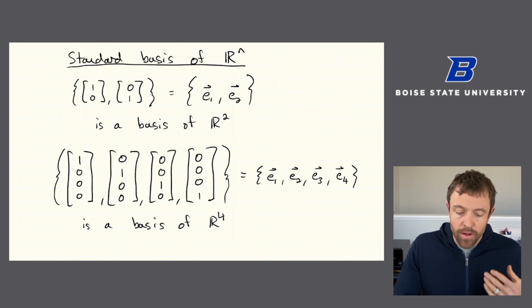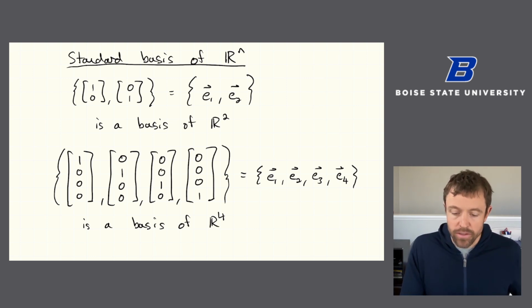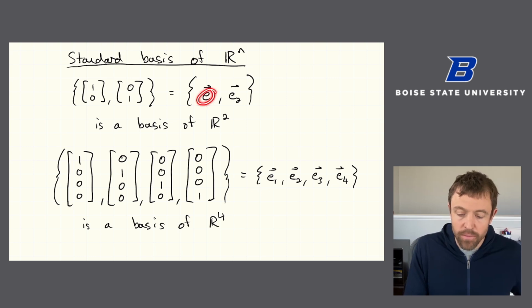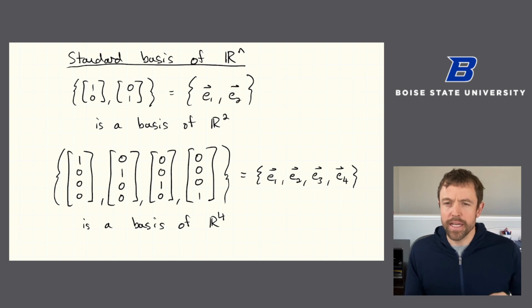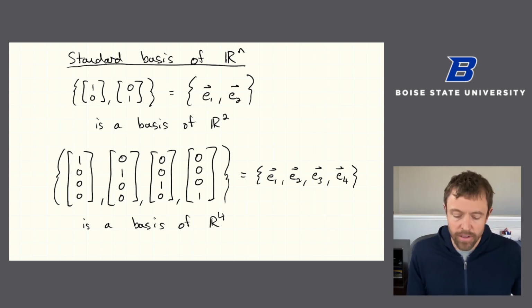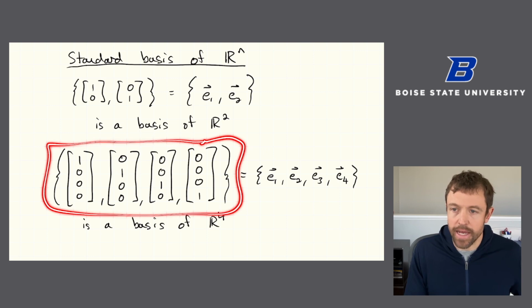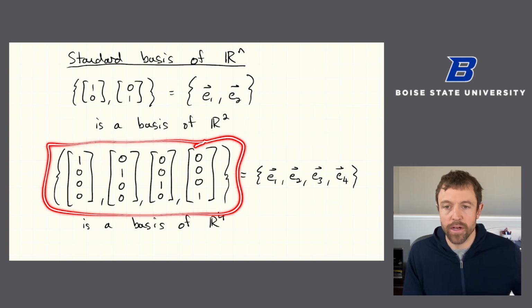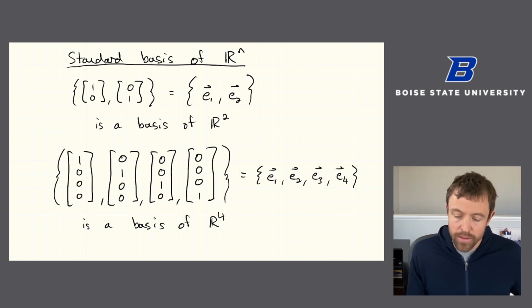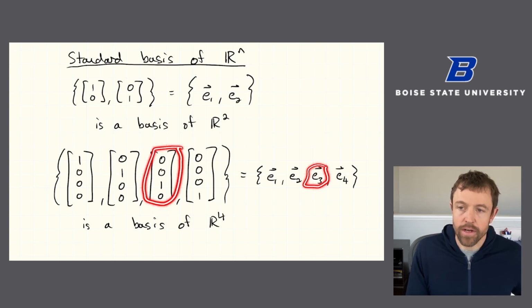And so our notation for the standard basis vectors is going to be e1, e2, and so forth. And because 2 is often not a great example, when we move to R4, I drew this here as well. The standard basis for R4 is the set of vectors where you have zeros everywhere except one entry, and we denote them by, e3 is the vector where the third entry is 1 and the rest are zeros.